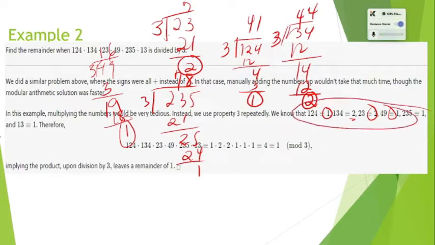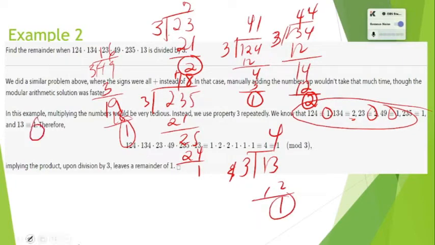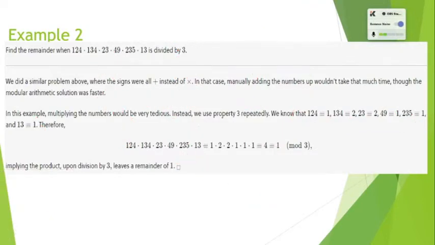Ito. Yung last is 13 divided by 3. So, that is 4, 1. So, remainder 1. So, yun. Nakuha natin yung mga remainders if we divide that isa-isa sa 3. Okay? So, yun.